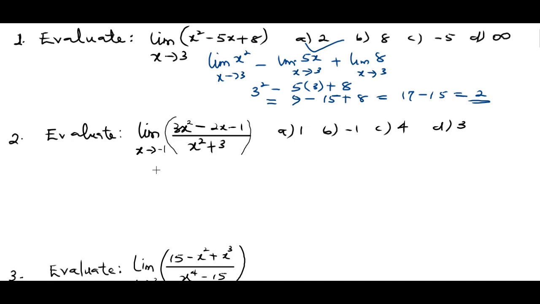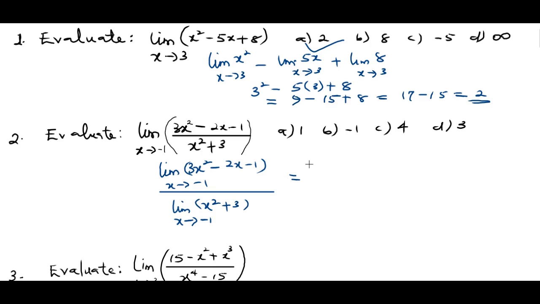Question 2, we have the limit of this. So basically we are going to have lim the numerator, all right, as x tends to minus 1 divided by the limit of the denominator as x tends to minus 1. So for the numerator, anywhere you see x, you put minus 1. That's 3 into minus 1 squared minus 2 into minus 1 minus 1.